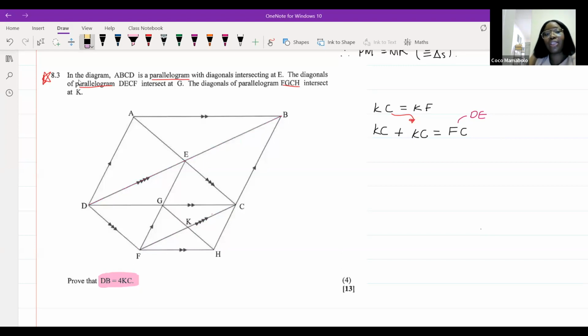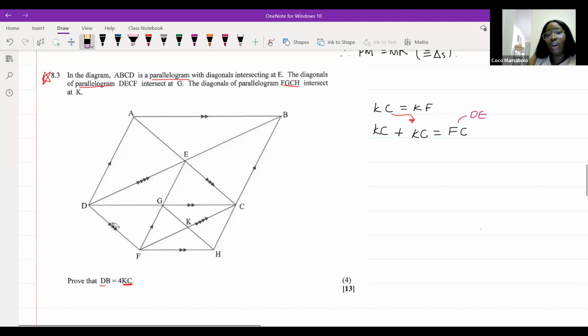All right, let's talk. Okay, so do you agree that the thing that they want us to prove involves KC? They say that prove that DB is equal to 4KC. Yes, ma'am. So we're going to start at KC, right? They haven't given us any angles. Have they given us any angles in our drawing? No, ma'am. So we're going to use the sides.